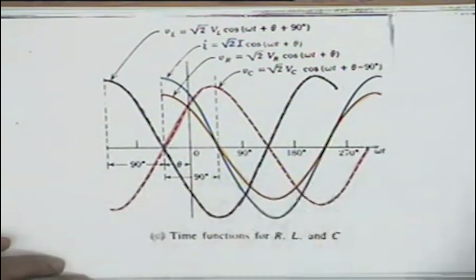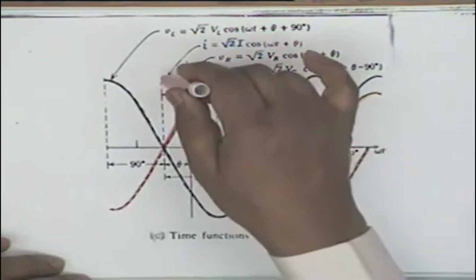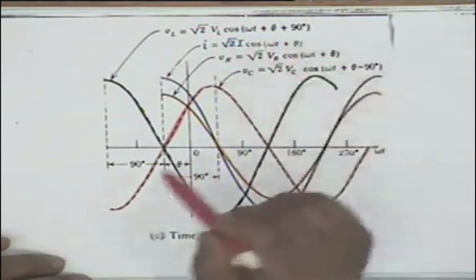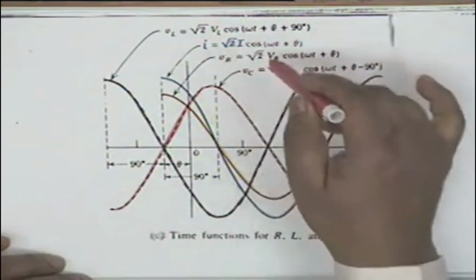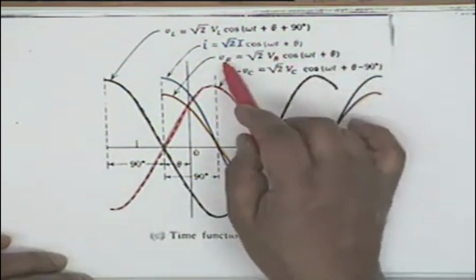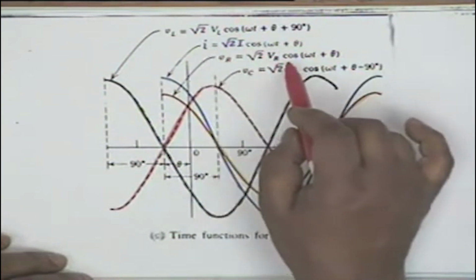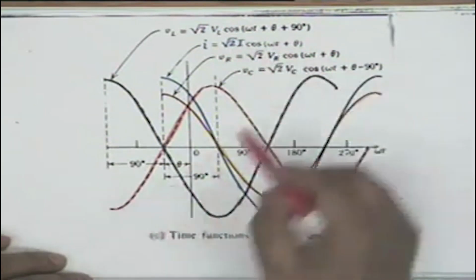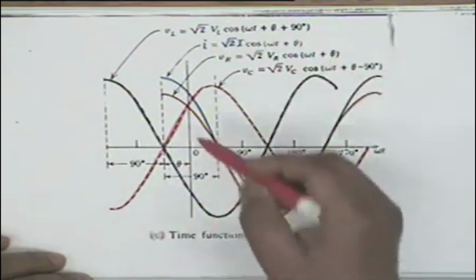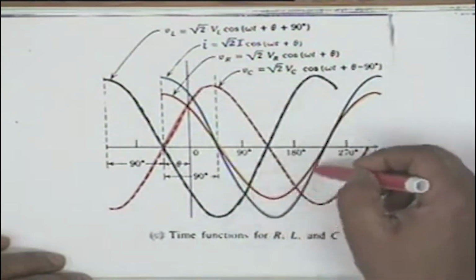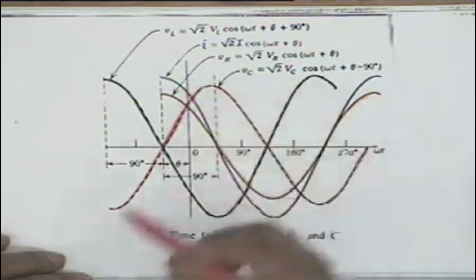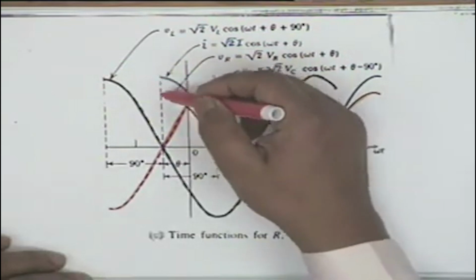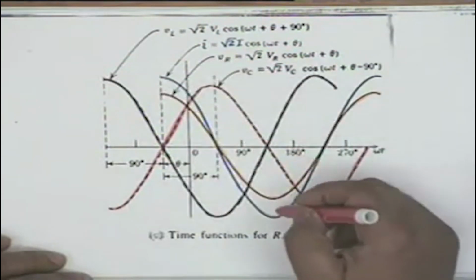This curve, the blue colored curve, is the current I equal to root 2 I cosine omega t plus theta, and the corresponding drop in a resistor VR is simply this current multiplied by R, which I have called root 2 VR cosine omega t plus theta, and it is this curve. Obviously this and this are in phase, that is the maxima and minima occur together. Whenever the current is a maximum, the voltage is a maximum. Whenever the current is a minimum, the voltage is a minimum, and so on.